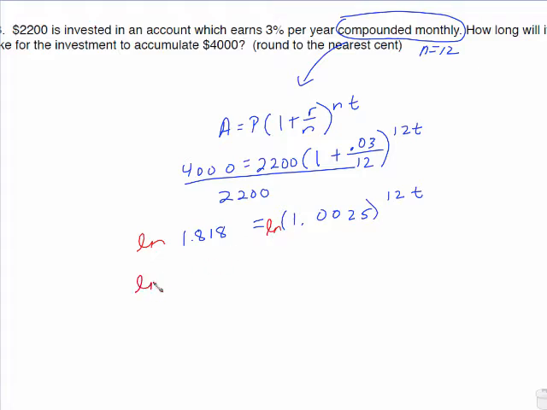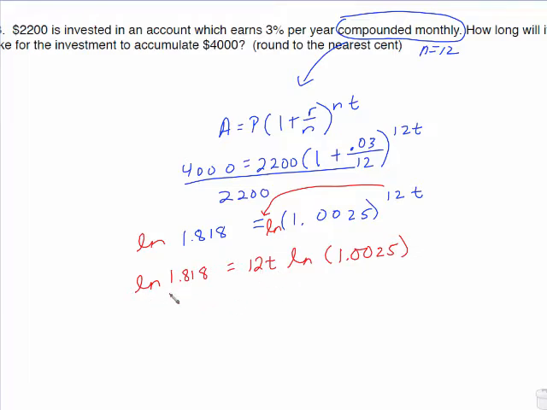So I'm just still keeping this as the ln of 1.818. Over here, the benefit of taking the natural log of this is this power gets to come down here and become a coefficient. So we don't have an exponential equation anymore. This is something very solvable.